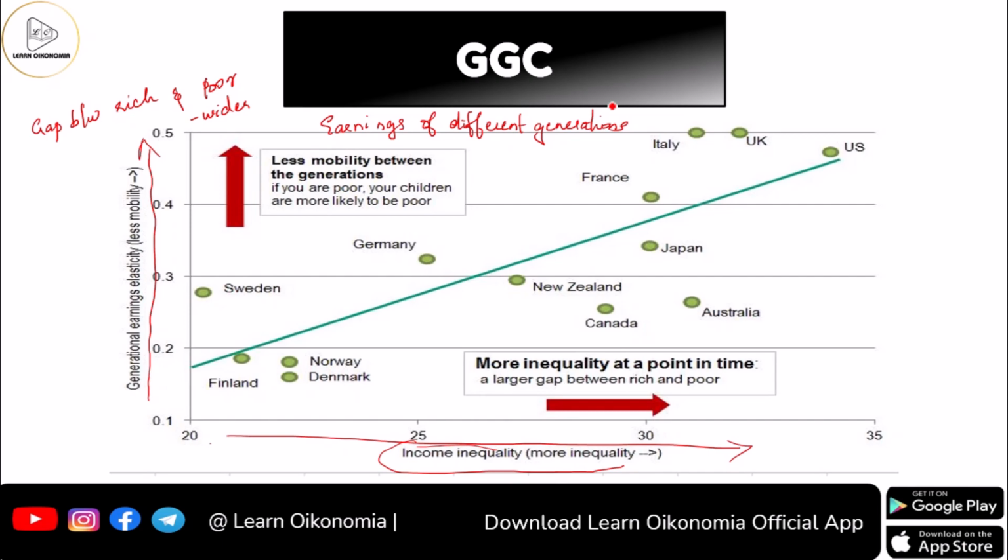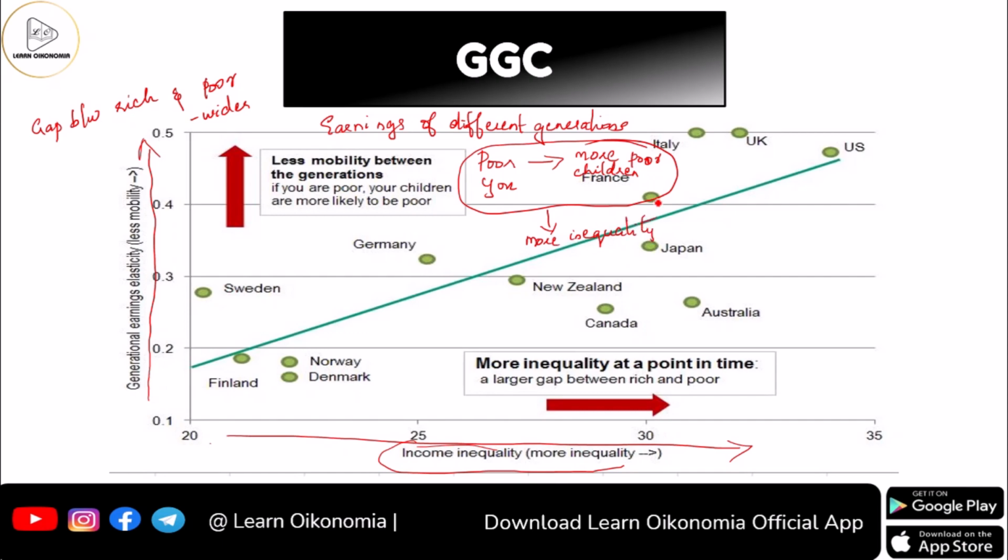If you are doing such a comparison as per the Great Gatsby Curve, if you are in a place with more inequality with respect to income, and if you are poor, your children will be more poor. Again, we are talking about a nation or a place where there is more inequality.